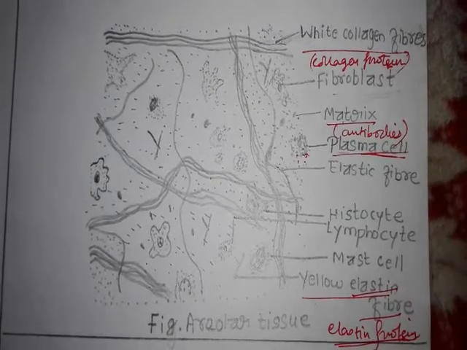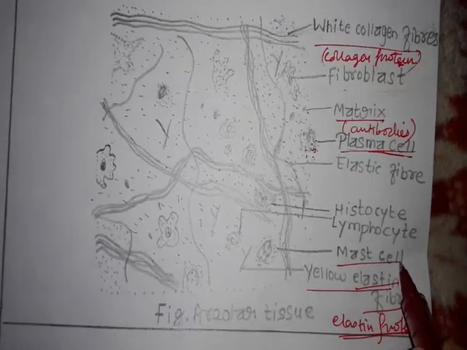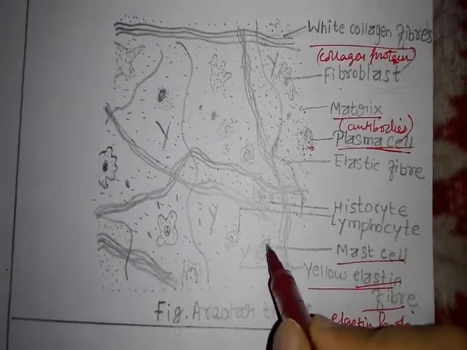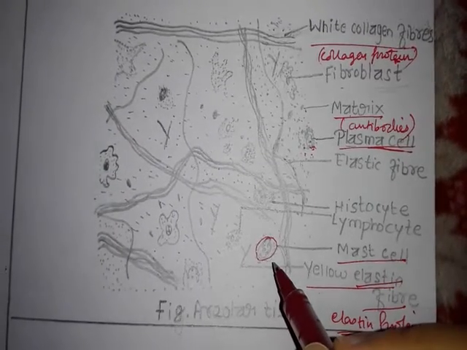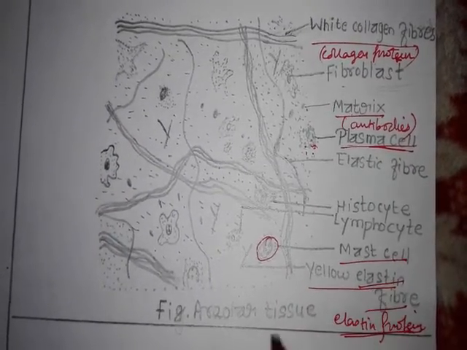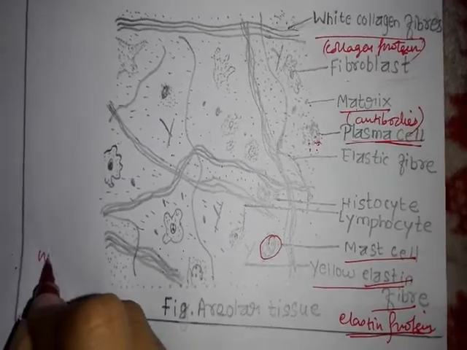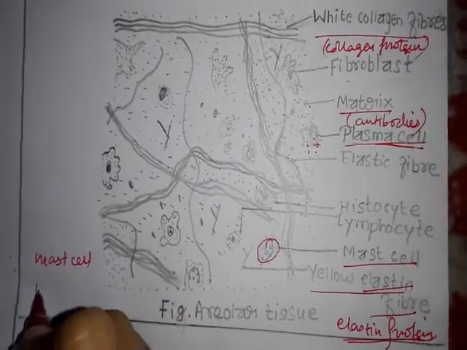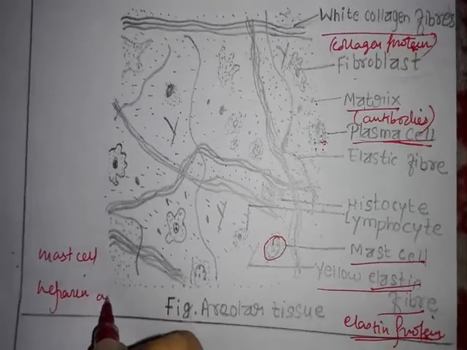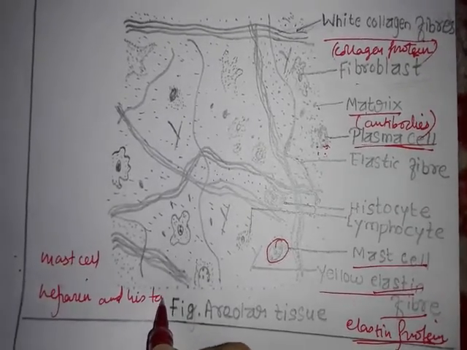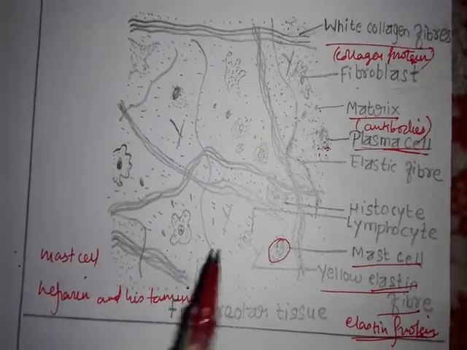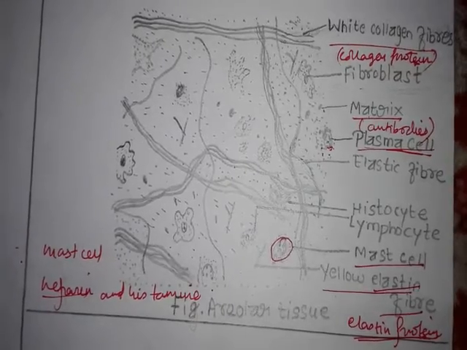And the next one is the mast cell. These are large oval cells. They produce mainly heparin and histamine. You should know the function of heparin.